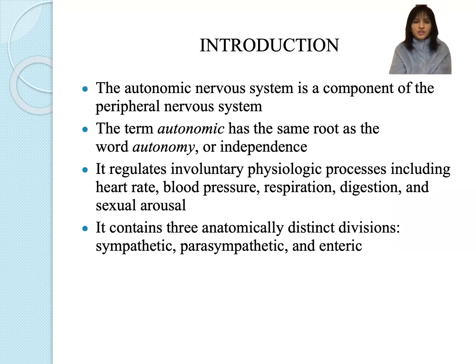The introduction: the autonomic nervous system is a component of the peripheral nervous system. The term autonomic has the same root as the word autonomy, or independence. It regulates involuntary physiologic processes including heart rate, blood pressure, respiration, digestion, and sexual arousal.